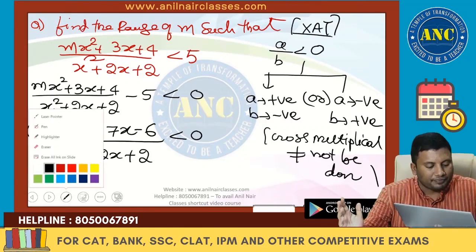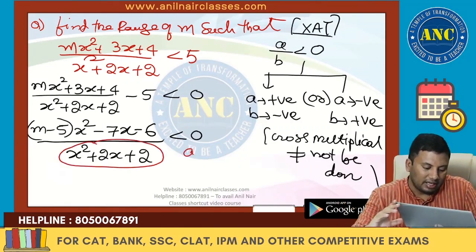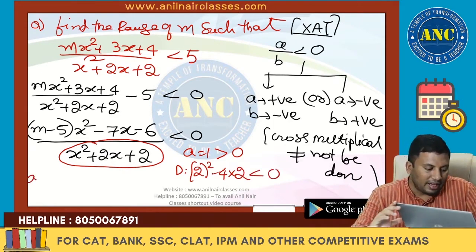Now whatever we discussed will be useful. You see here, a value is 1, greater than 0. D value is b square minus 4ac, which is 4 minus 8, less than 0. A greater than 0, D less than 0, that means the expression is positive.